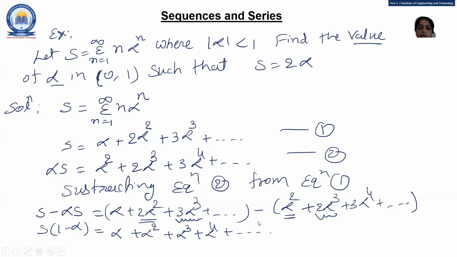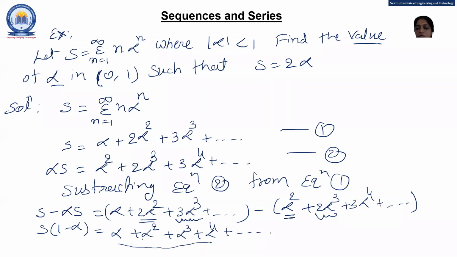So this is S times 1 minus alpha, and the right hand side is alpha plus alpha square plus alpha cube plus alpha raised to 4 plus, and so on. If we want to represent this in summation form, this is again a geometric series, students.